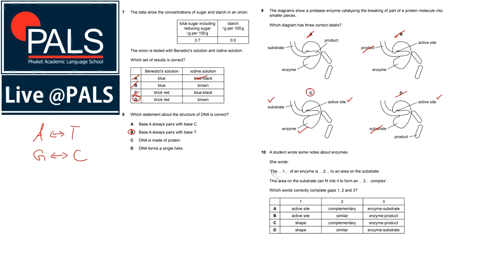C is correct. A student wrote some notes about enzymes. She wrote the shape of an enzyme or active site of an enzyme is to an area on the substrate.